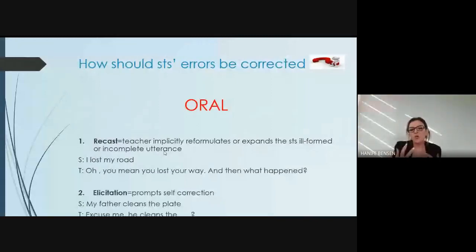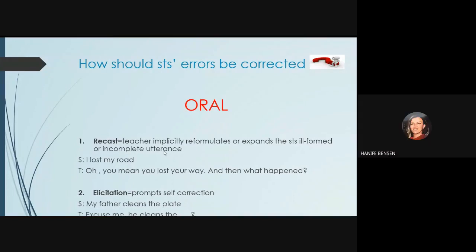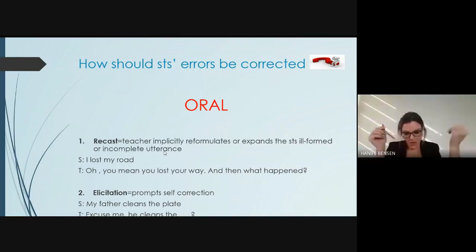So the first way of correcting students' errors is called recast, and here the teacher implicitly reformulates or expands the student's ill-formed or incomplete utterance. Unlike prompts, which are more explicit, recasts are generally indirect and implicit in that they are not introduced by phrases such as, use this word, you should say.